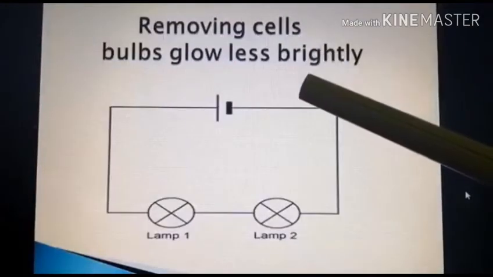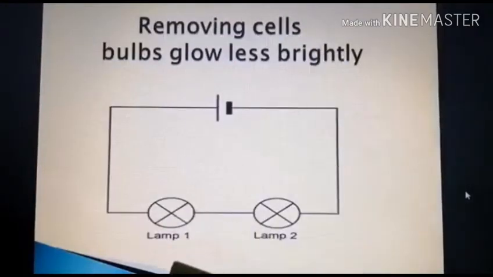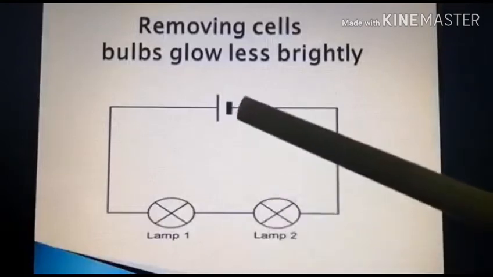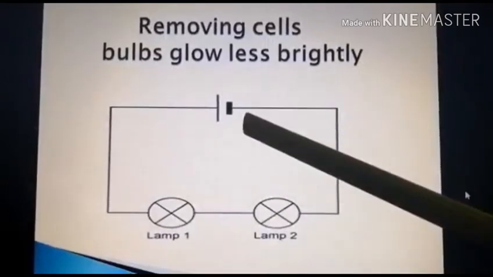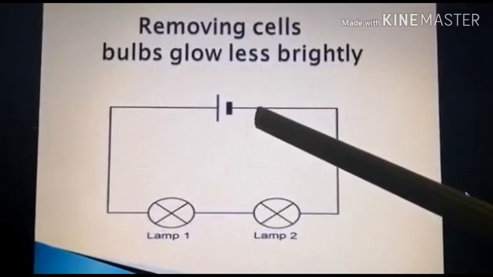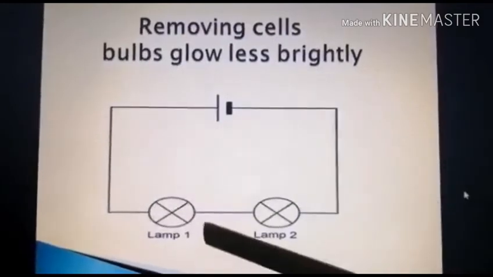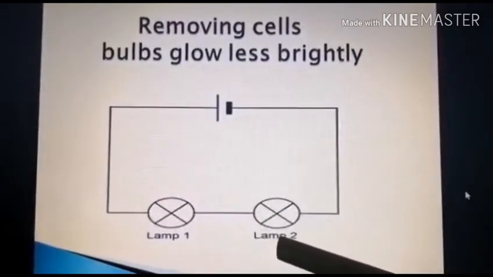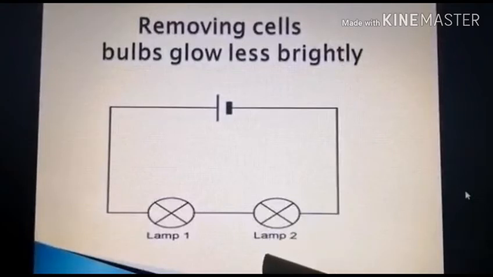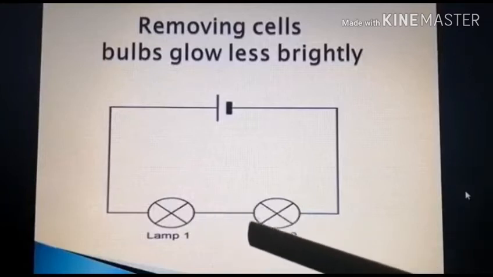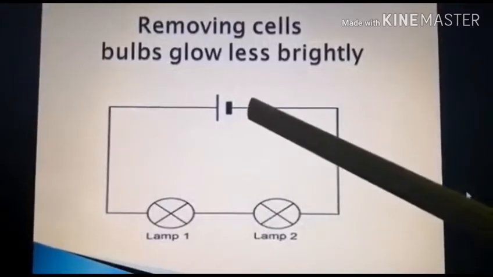If I remove 1 cell, what happens? Here are 2 bulbs and only one 1.5 volt cell. What about the brightness of these lamps? Do they glow less or more brightly? They glow less brightly, because there is only 1 cell.